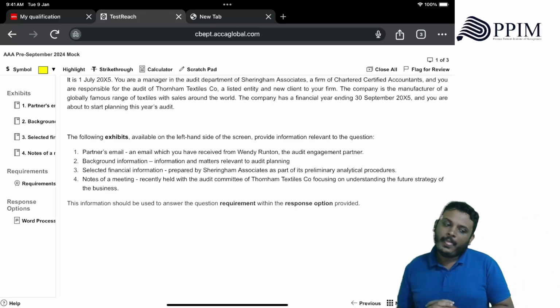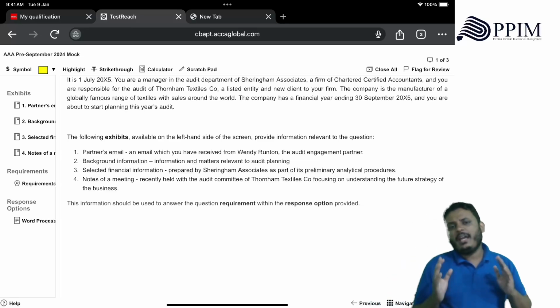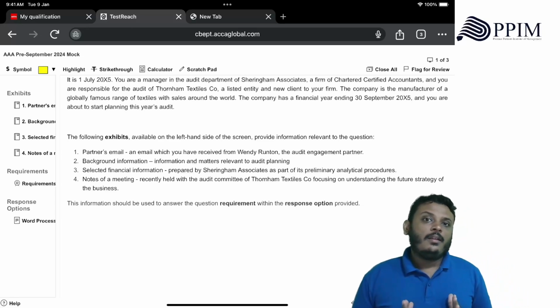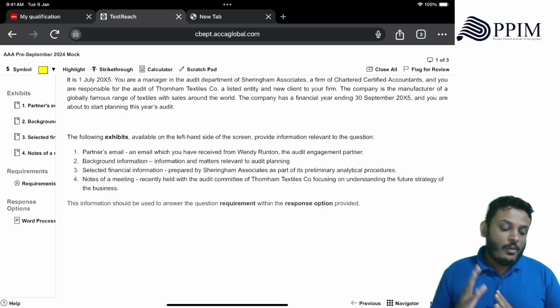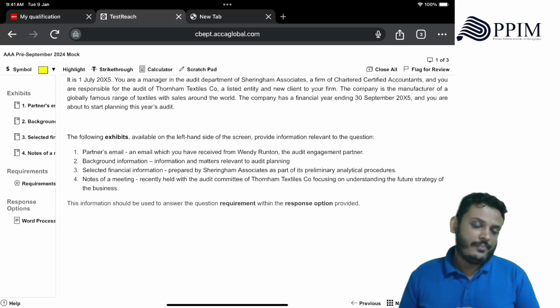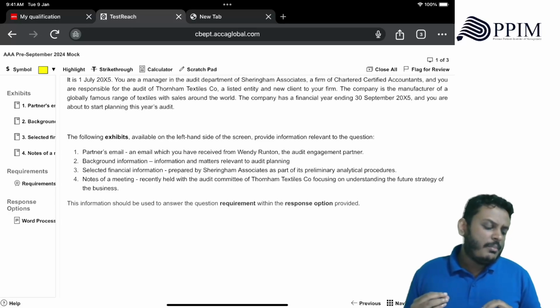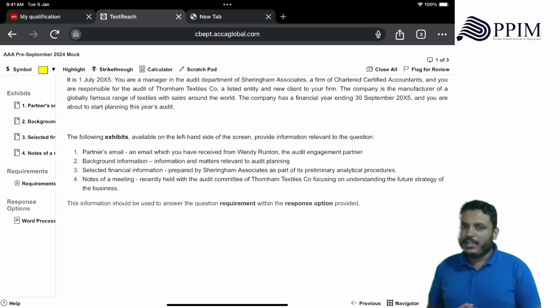You got my point? Because the scope under external audit is decided by who? It is decided by the auditor, especially ISA, auditing standards. But when we are talking about internal audit, the scope is decided by management.